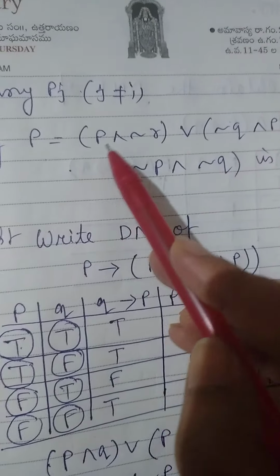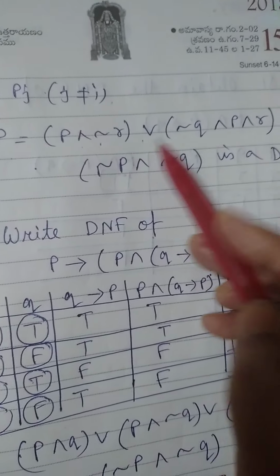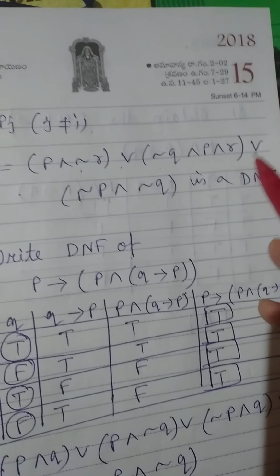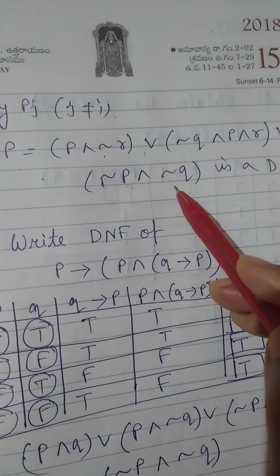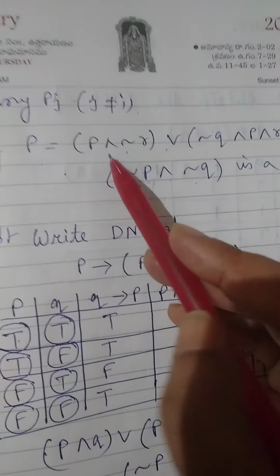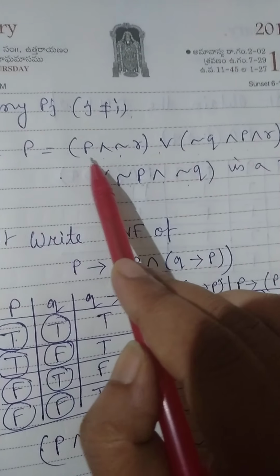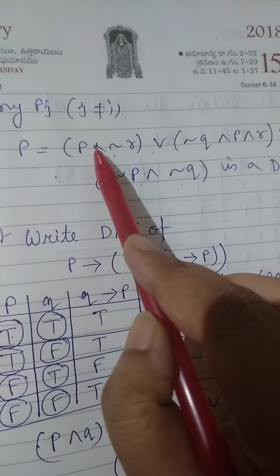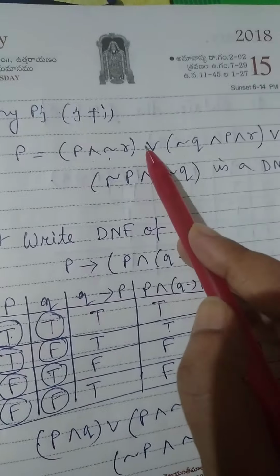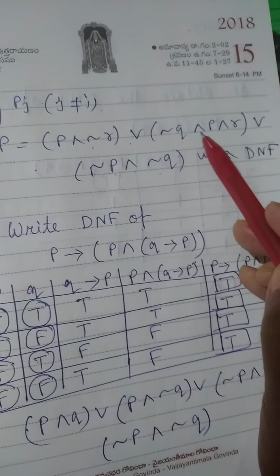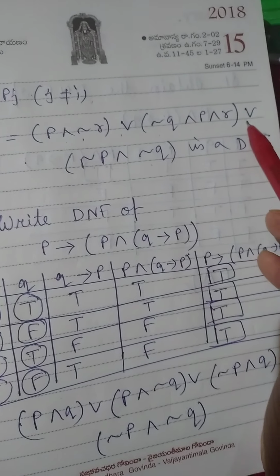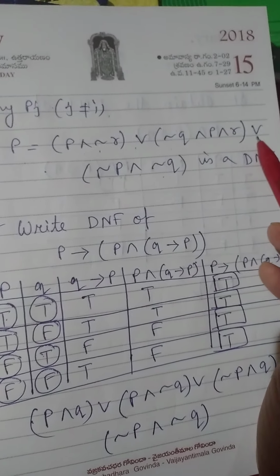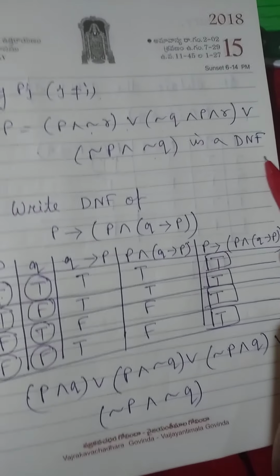Example: P equals (P and negation R) or (negation Q and P and R) or (negation P and negation Q). So in disjunctive normal form, inside the bracket there will be and, outside the bracket there will be or. So this is disjunctive normal form.